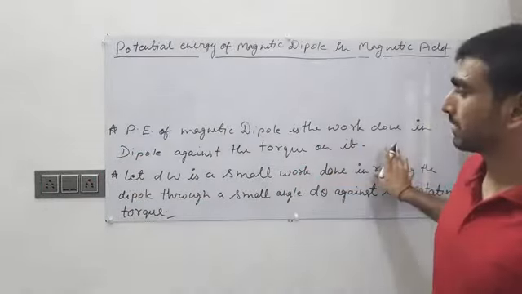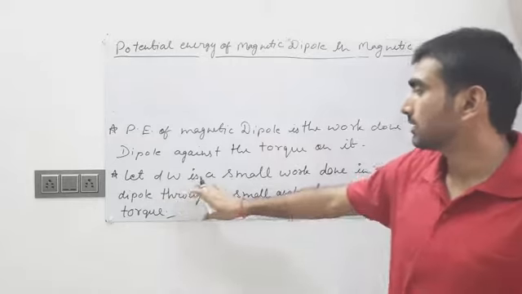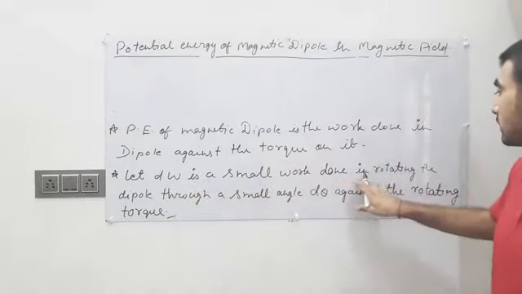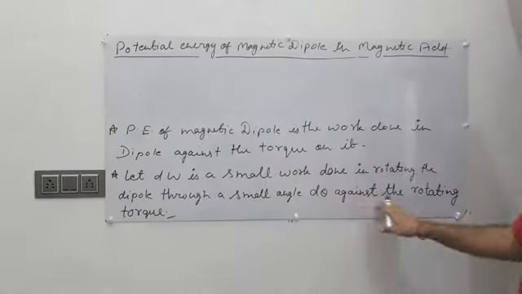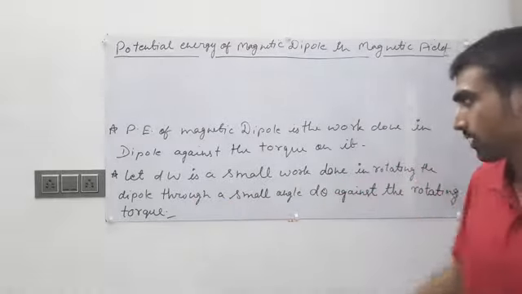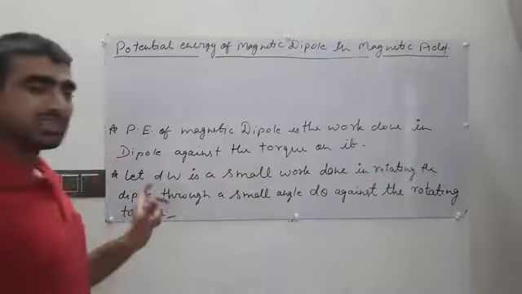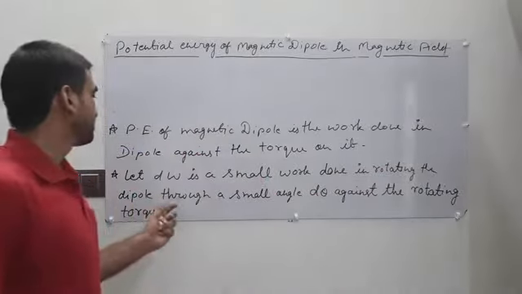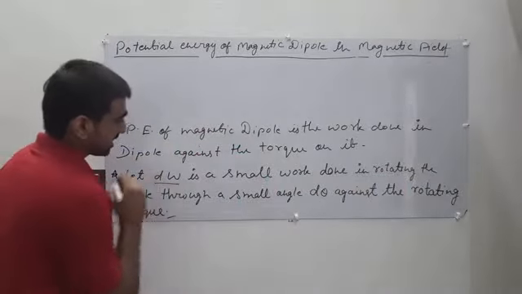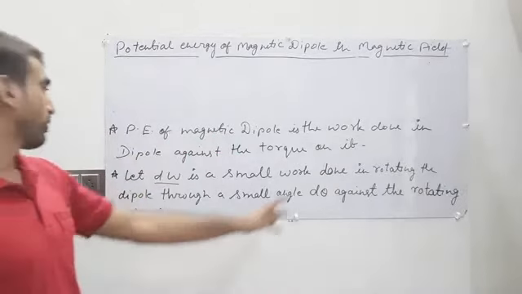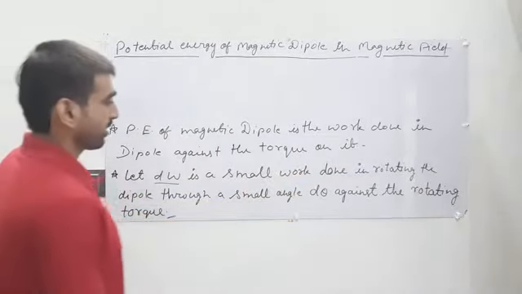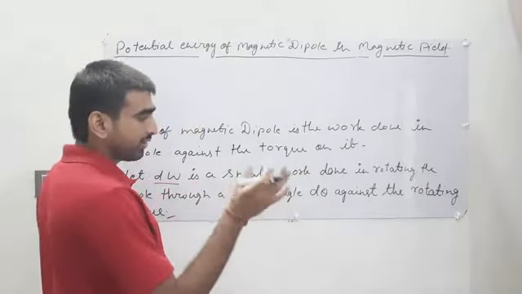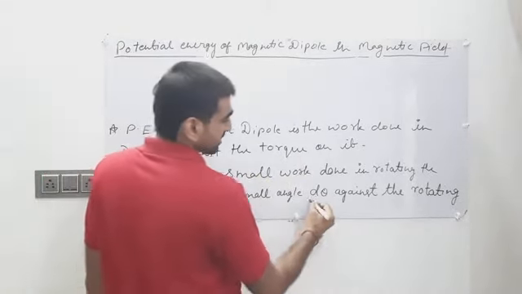this statement as, let dW be a small work done in rotating the dipole through a small angle d theta against the rotating torque. We assume the work done is dW due to rotating the dipole against the torque, and the angle we rotate against the torque is d theta.